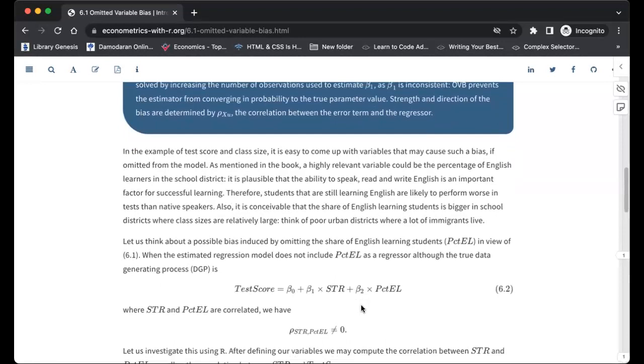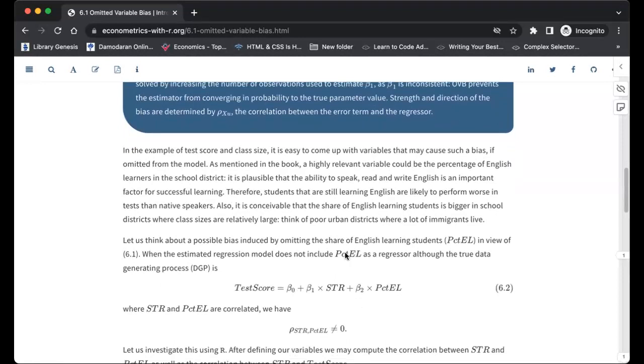There is an omitted variable bias in this, because English language ability, whether English is a second language or a native language, has some effect on the test score.